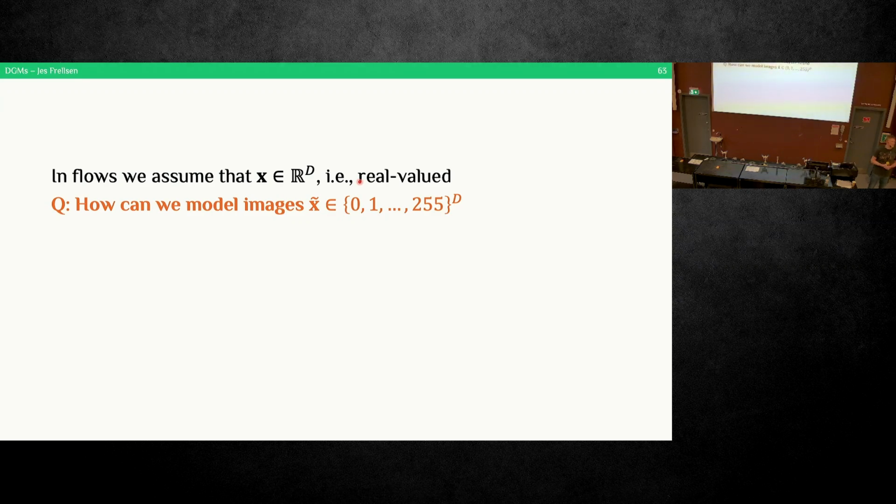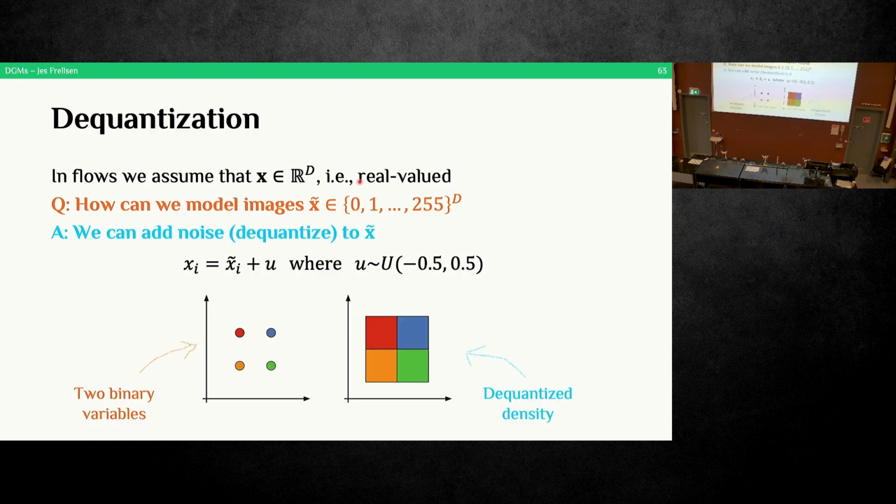You can add a little bit of random noise. Yes, exactly. You can do what's called dequantization. The idea is that assume I was modeling two binary variables, so the first variable takes the value 0 or 1, and the second variable takes the value 0 or 1.